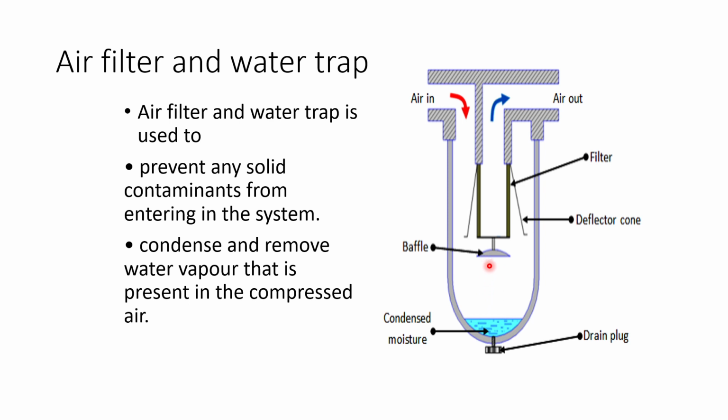When it comes here, it hits the baffle and the water gets down. Again, there is a deflector cone, which is used so that any water going up through it will go down. This is the filter. The air again passes through the filter and goes out from the right-hand side.